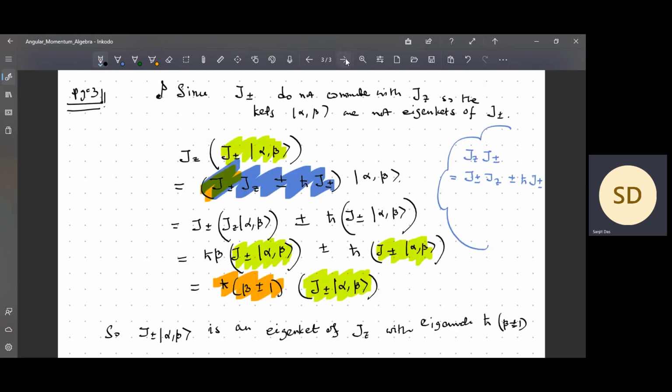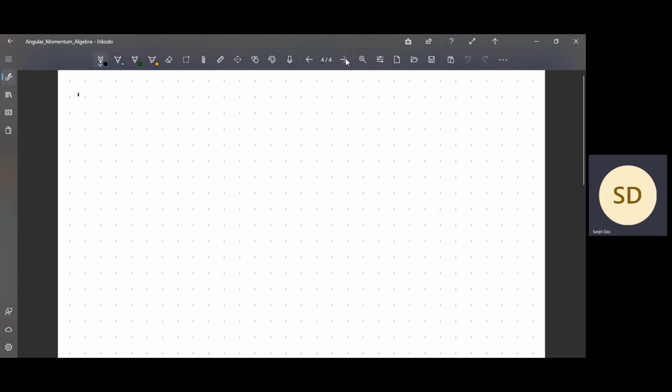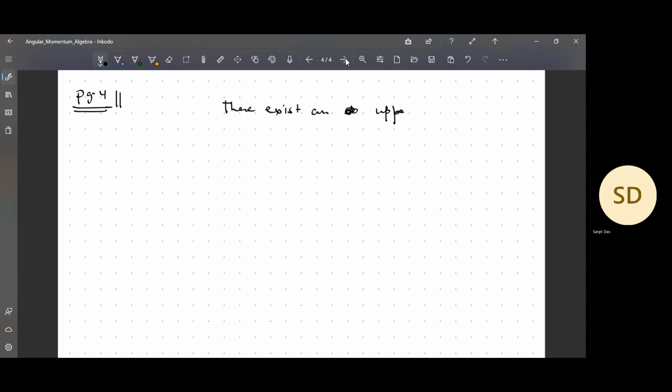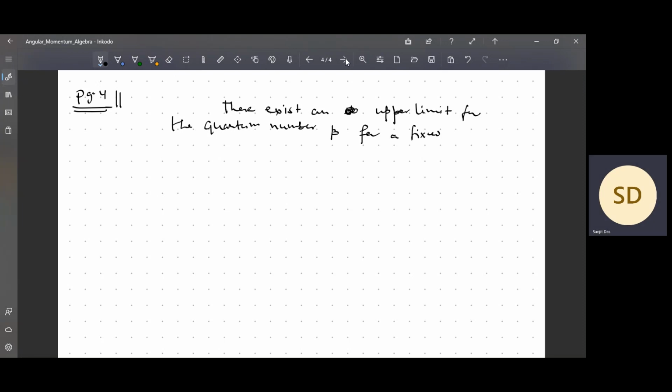So we are on page 3. We will go to page 4 and discuss all this trouble if I cannot make J increase infinitely. So there exists an upper limit for the quantum number beta for a fixed alpha.